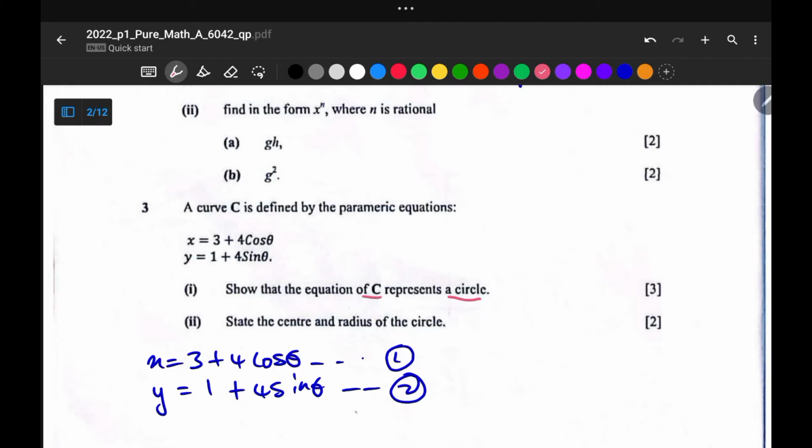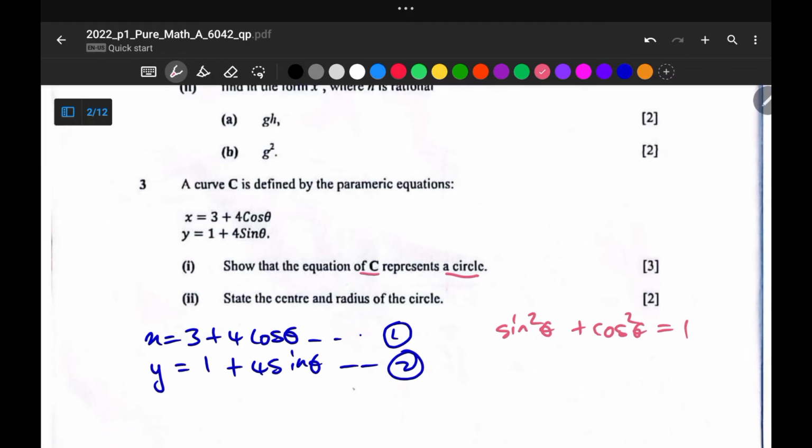So we are going to use our identity, which says sine squared theta plus cosine squared theta is equal to 1. Here we can simply make cosine theta in the first equation the subject, and then square everything. And we are also going to make sine theta in the second equation the subject, and then square everything.